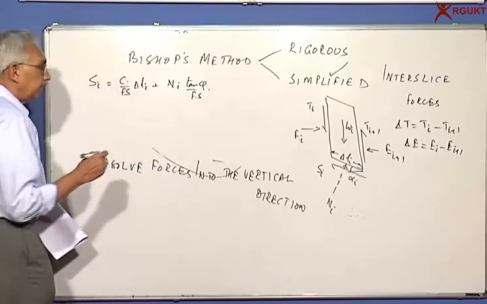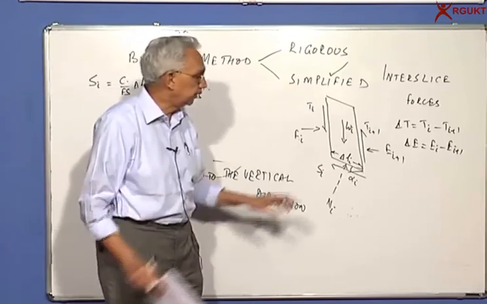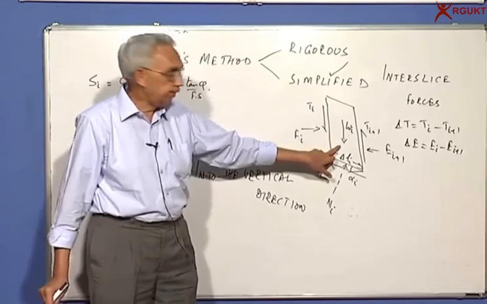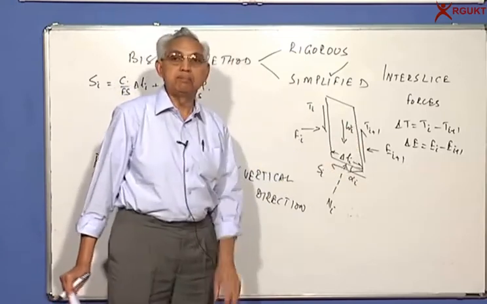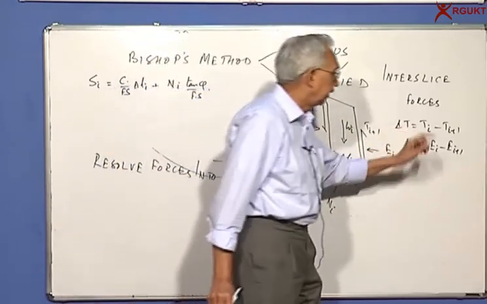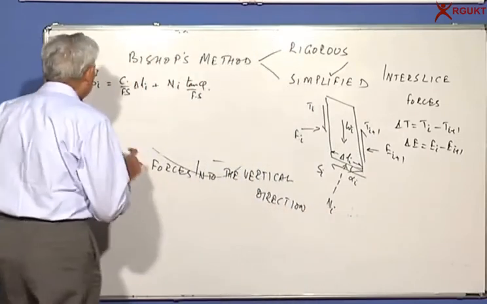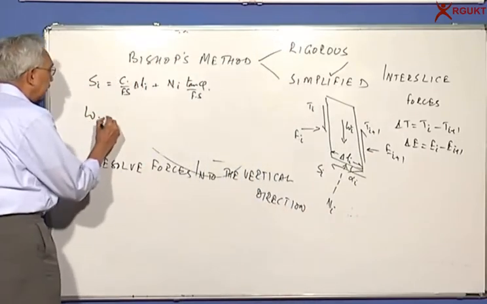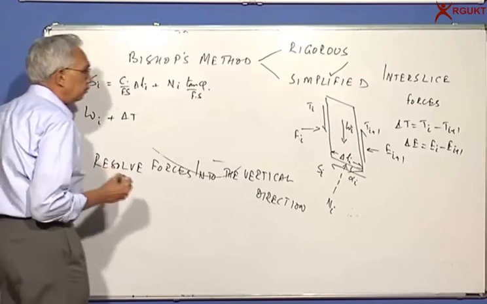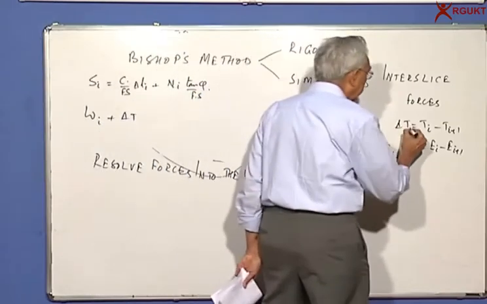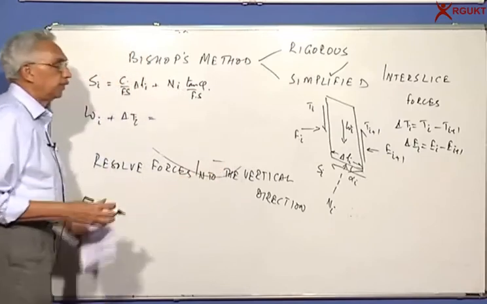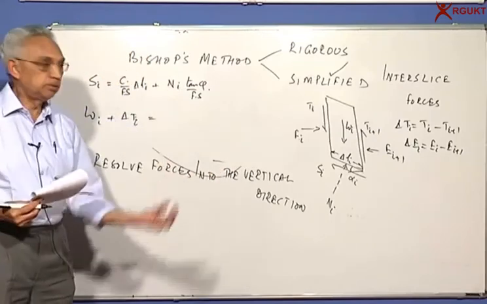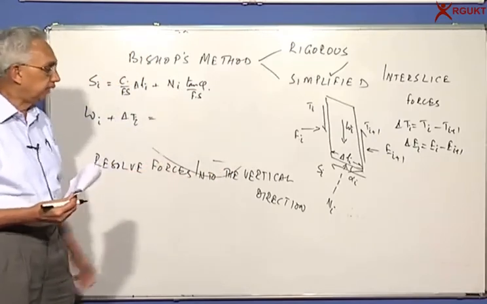So if I resolve now, the downward forces are, you can see Wi, which is acting downward, Ti minus Ti plus 1, which is what we call delta T. So downward forces are Wi plus delta T. Maybe if you want to make it, let's make it i. And the sum of the downward forces should be equal to the sum of the upward forces.